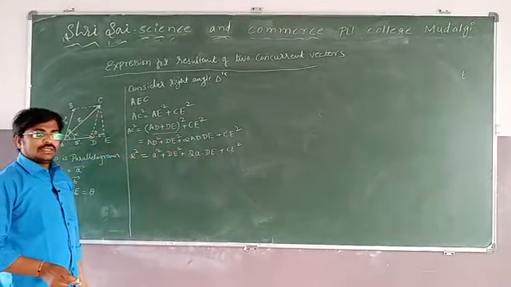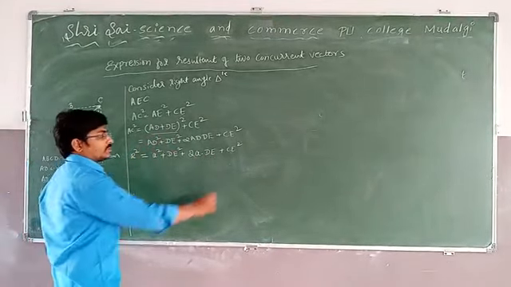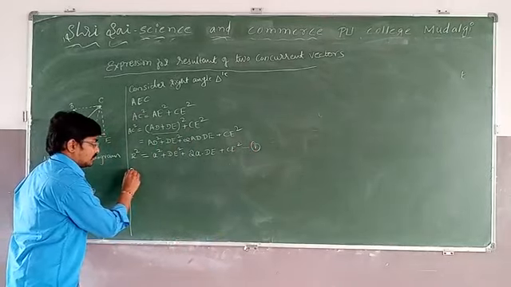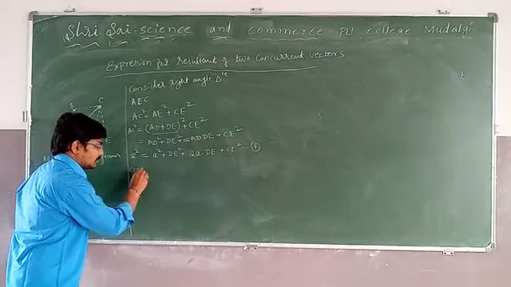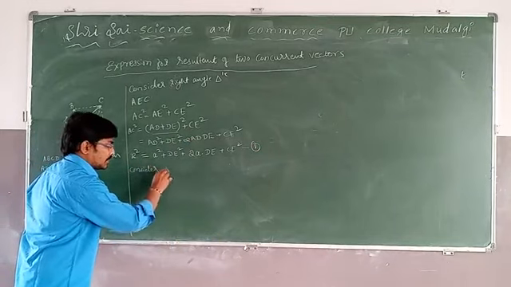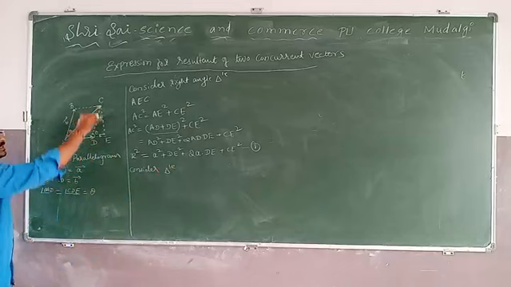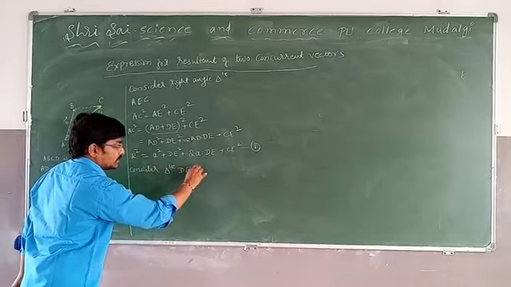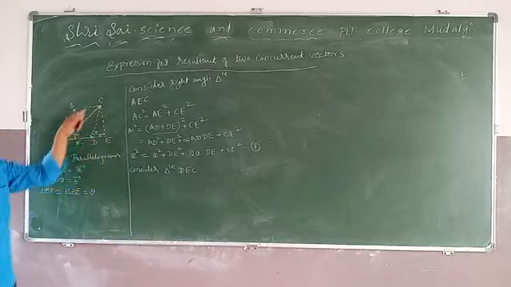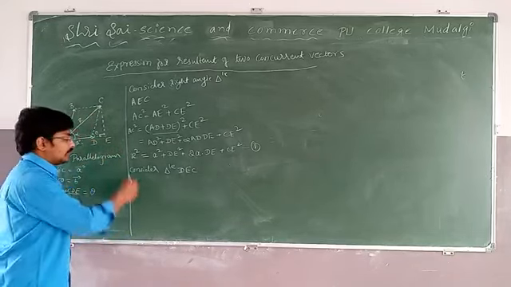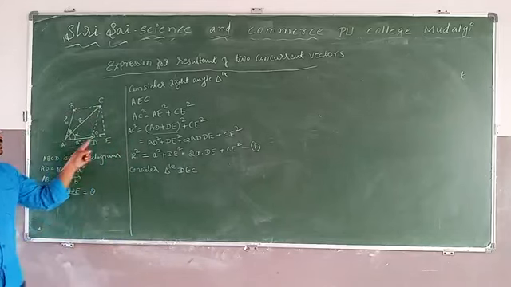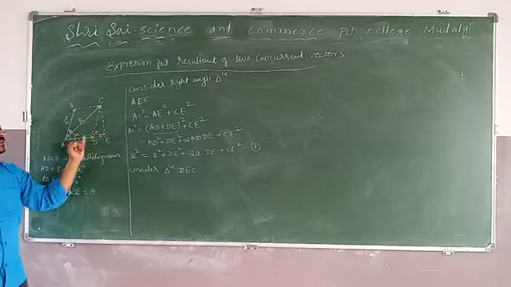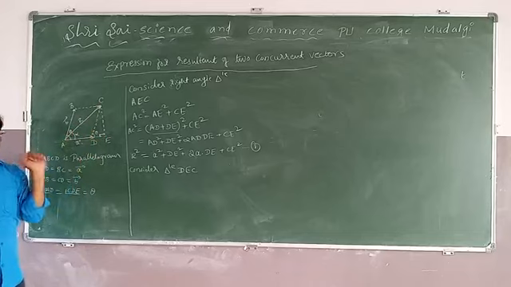To find out DE and CE, I consider this. I will take it as equation 1 and consider triangle DEC. This is a right angle triangle, with a 90 degree angle.